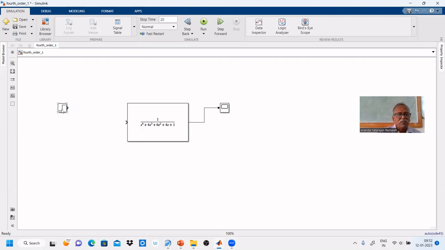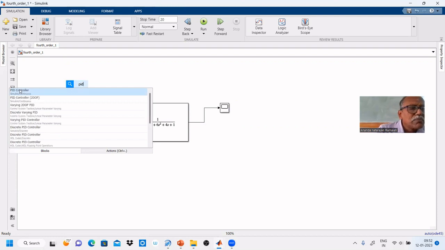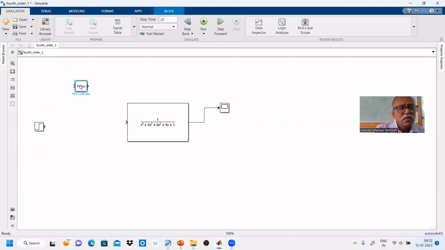So we are removing this and we are going to include a PID controller. Yes, PID controller is available. Here, this practical PID controller has the summing block included, not the soft PID controller. The practical summing block is inside.